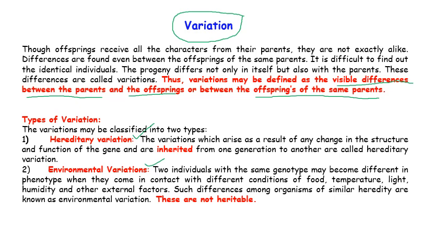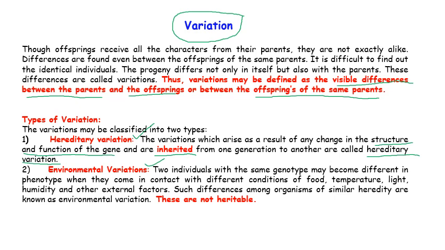Hereditary variations arise as a result of any change in the structure and function of the gene, and as such, they are always inheritable. They are inherited from one generation to another, and they are known as hereditary variations.